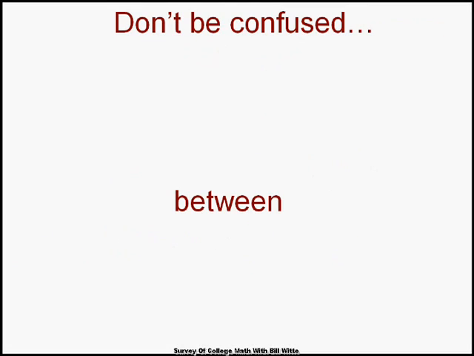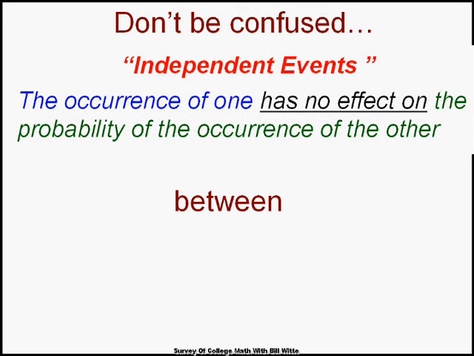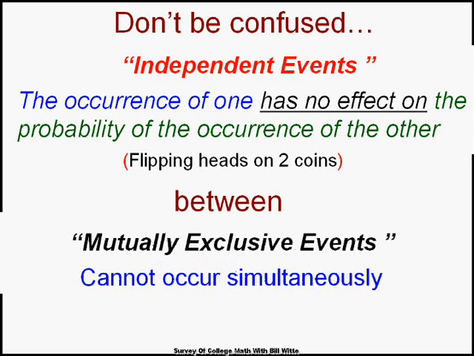Warning! Now, don't be confused between independent events, the ones where their occurrence has no effect on the probability of the occurrence of the other, like flipping heads on 2 coins, and what we talked about last time, mutually exclusive events.